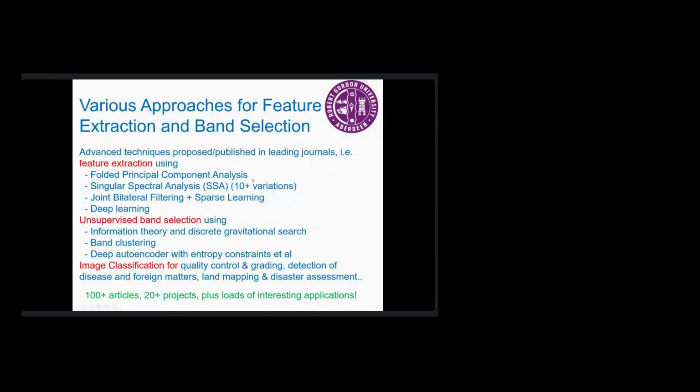And we have actually developed a lot of algorithms for addressing this challenge, including feature extraction. So how to get useful features from the spectral data. One is called folded principal component analysis.